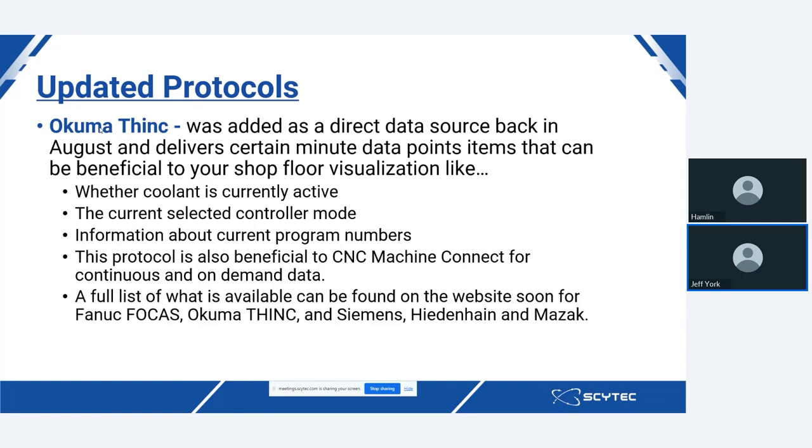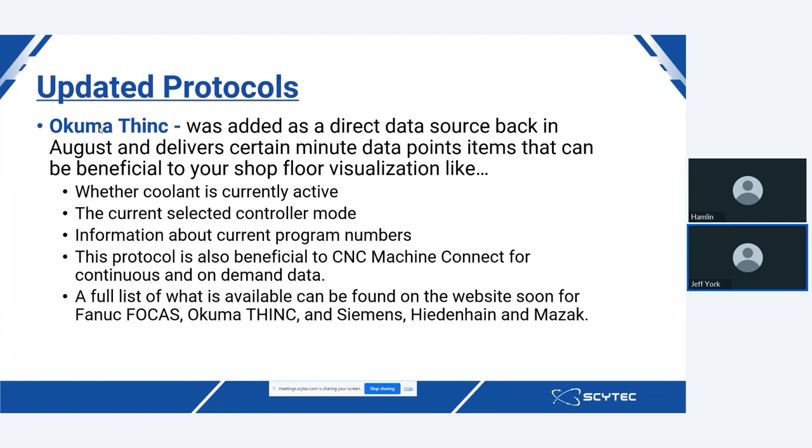With these direct data sources, you can get data items such as, with Akuma Think, whether your coolant is currently active, what the current selective controller mode is, and information about current program numbers.